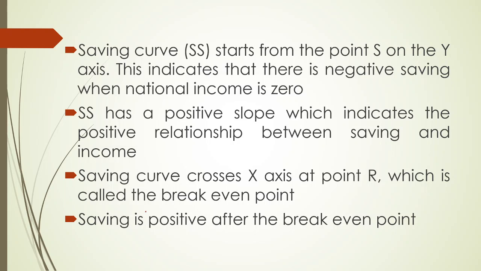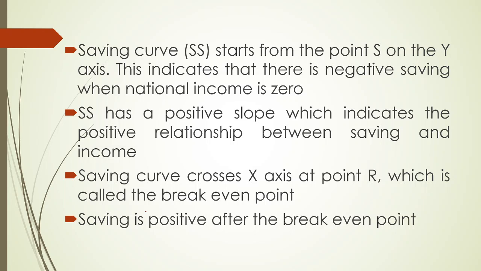Next point is that SS has a positive slope. We can see that the saving curve slopes upward, so it indicates a positive relationship between saving and income. SS has a positive slope, which means that with the increase in income, saving also increases.